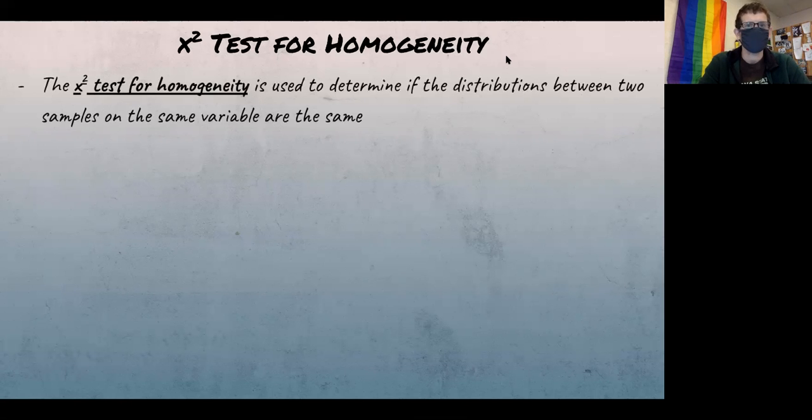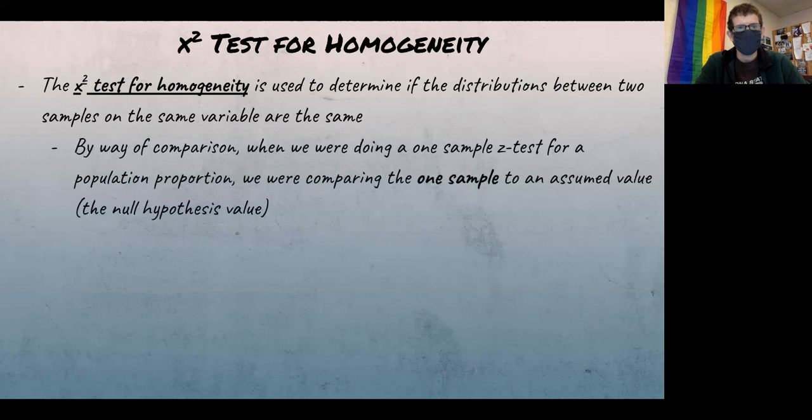So here we go. The chi-square test for homogeneity is used to determine if the distributions between two samples on the same variable are the same. Let's do a bit of an analogy here. When we did a one sample z-test, we were comparing a single sample to an assumed value. So 70% of people, according to this national statistic, have this characteristic.